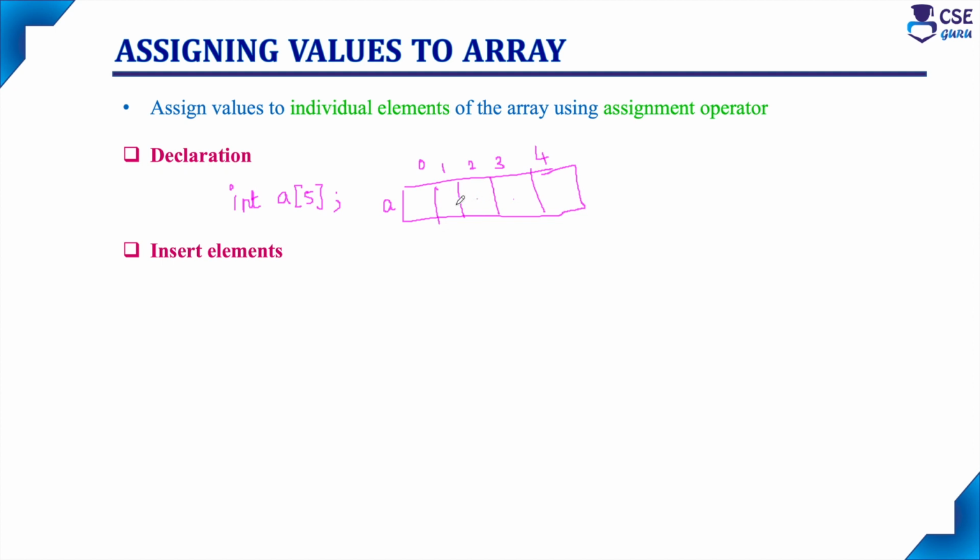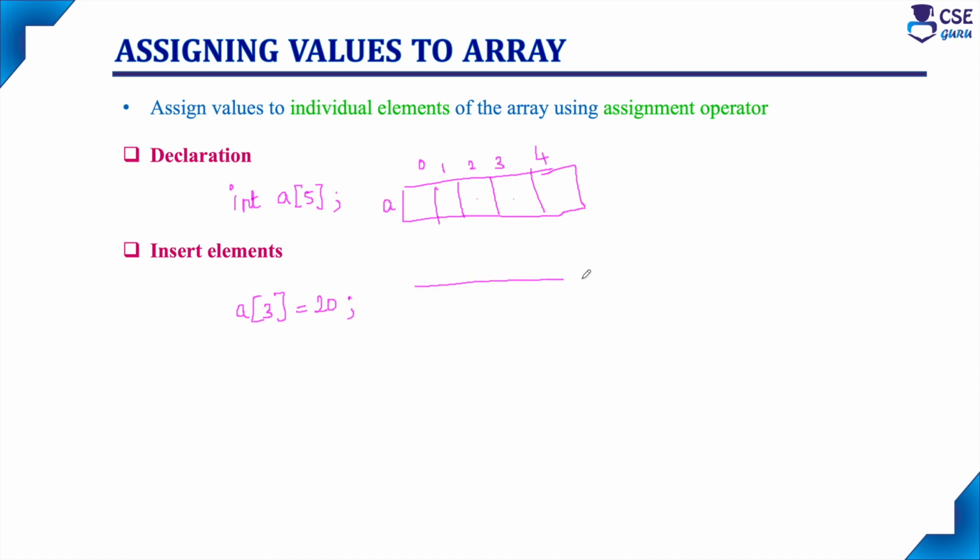By leaving the previous locations, we cannot assign the third location value. That is not possible in array initialization. But here, I have declared the array, so I can insert values directly to any location. Suppose for A of third location I want to insert the value 20, it is possible.